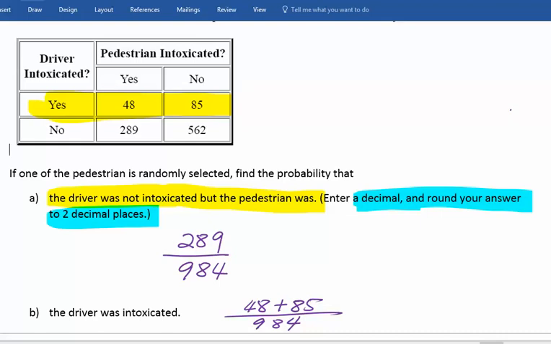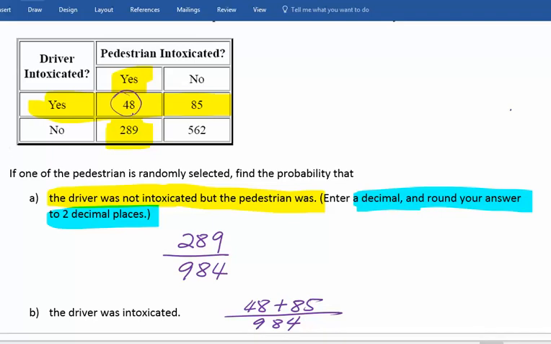So it's yes for the driver and also yes for the pedestrian. Notice in this case, we have some overlap over here. There's 28 cases when both the driver and the pedestrian was intoxicated, but we only counted once.